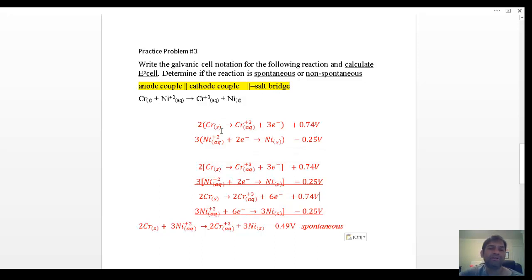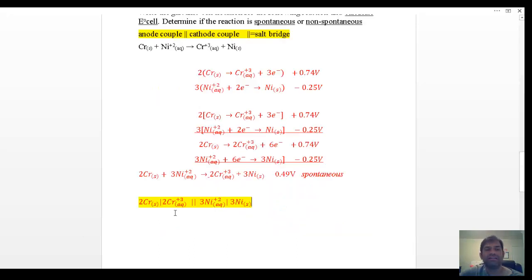And then finally, how do we do this galvanic cell notation? It's the anode couple, chromium to chromium plus 3, salt bridge, cathode couple, nickel plus 2 going to nickel. So here's our galvanic cell notation. A couple of points I'd like to tell you here. Number one, it's okay if you add the 2 and 3. If you add it, that's fine. If you don't add it, that's just as well.